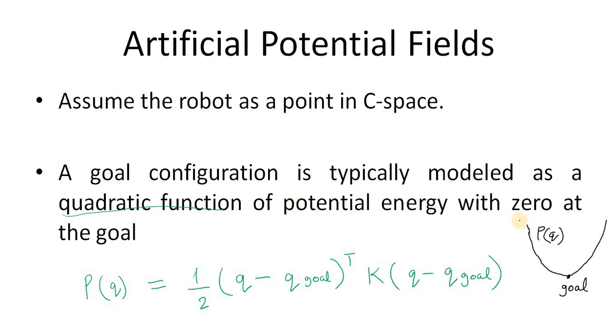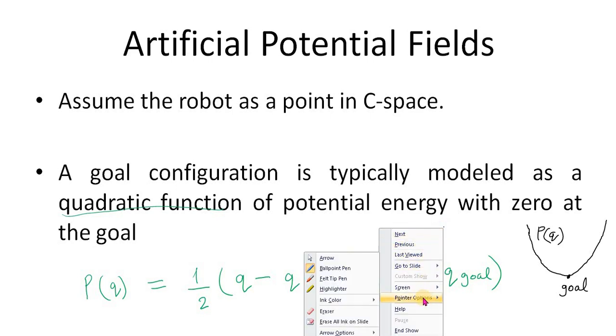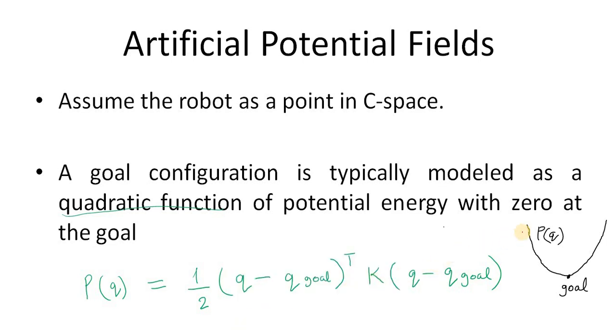If you want to relate this with the gravitational potential, you can see it like this: if you place a ball at this point, this is my ball here, okay?